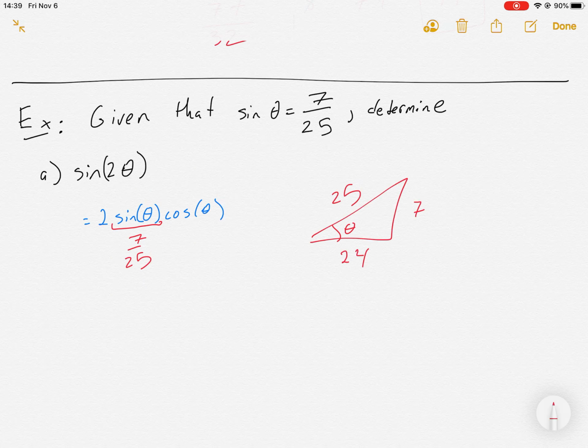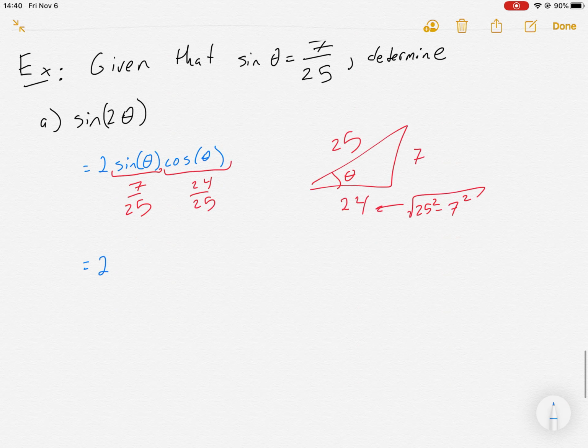So if you do 25 squared minus 7 squared, and then you take the square root of that, you get 24. So that means that cosine of theta is going to be 24 over 25.